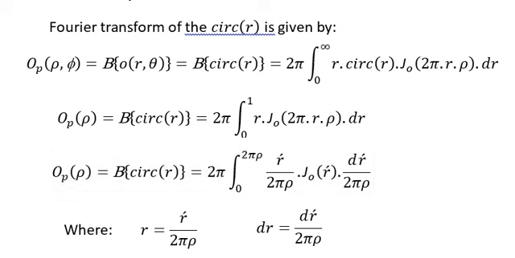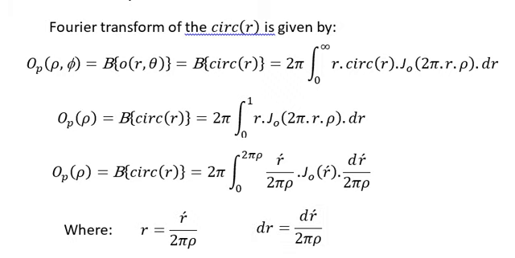The integrand r will be replaced by r prime over 2 pi rho, and J naught will have the argument r prime, because 2 pi r rho will be replaced by r prime, and here dr will be replaced by dr prime over 2 pi rho. So these are the substitutions that we have made, and at the same time we have shown these substitutions explicitly in the last row.